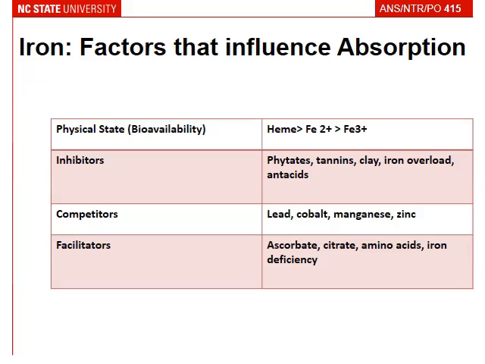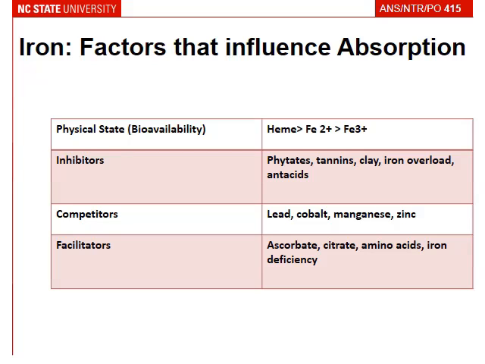So here's some factors that influence iron absorption. We have, as I just mentioned, these inhibitors, the phytates, tannins, clay. If you consume too much iron, then you're going to have a lot more of the hepcidin that is secreted. So too much iron is going to inhibit more iron absorption.